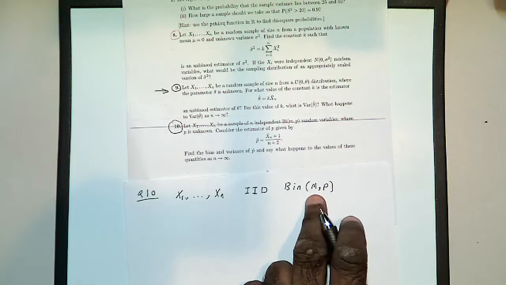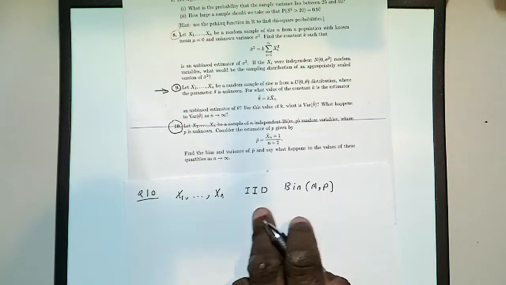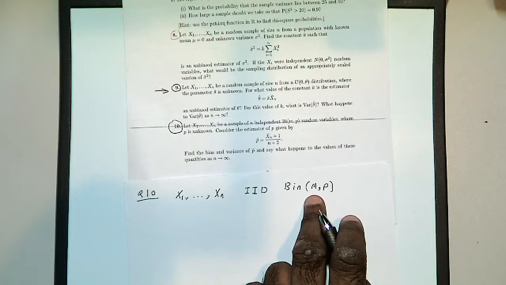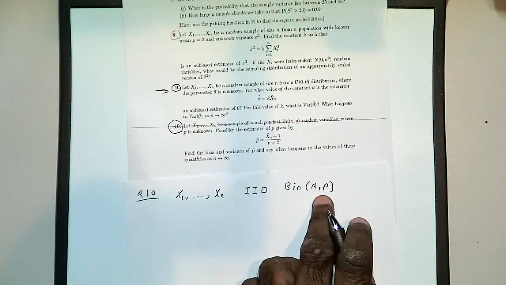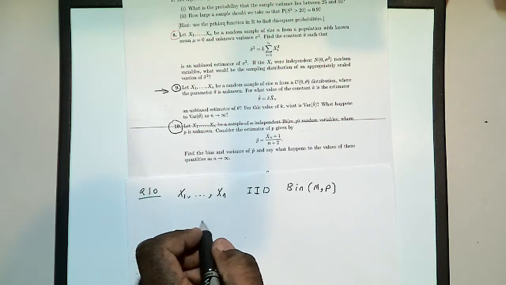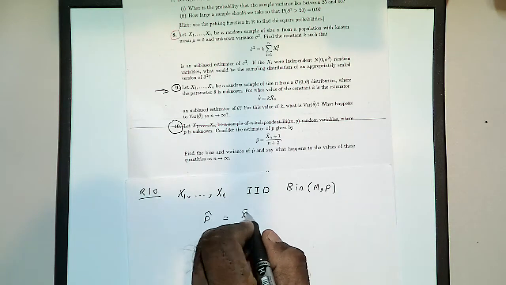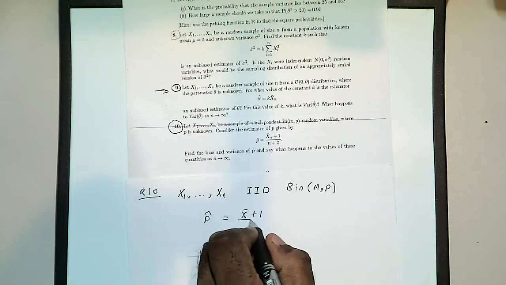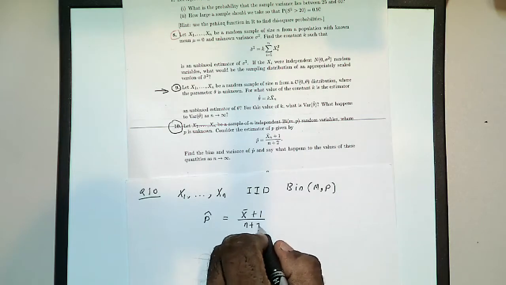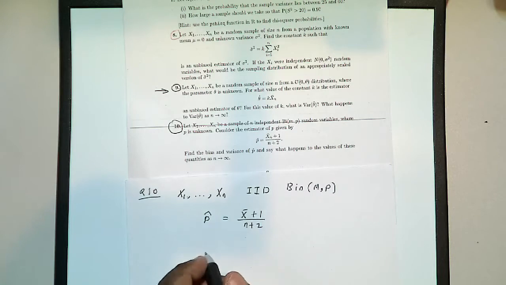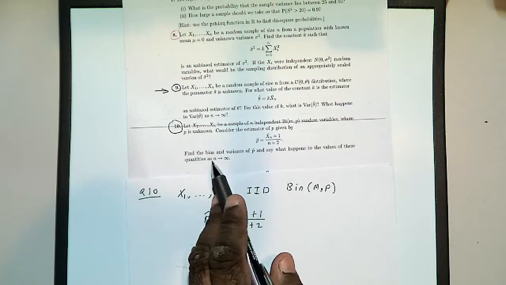This m is not n, okay? n is the sample size, m is the size parameter for the binomial, right? So there are two different things, okay? So we have this estimate p hat. The sample mean is with respect to n, not m, right? Now the first thing is we want to find the bias.